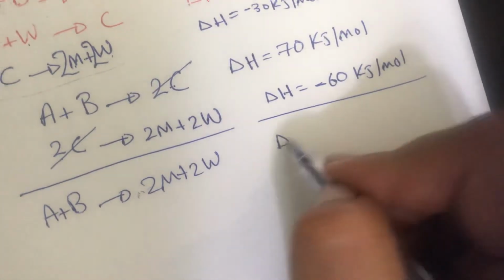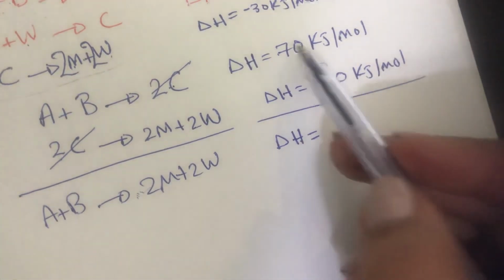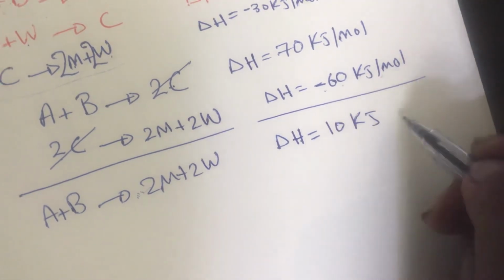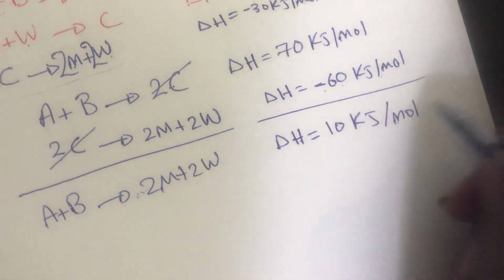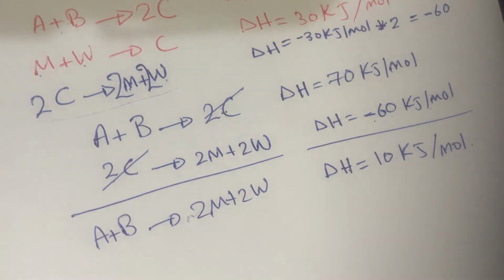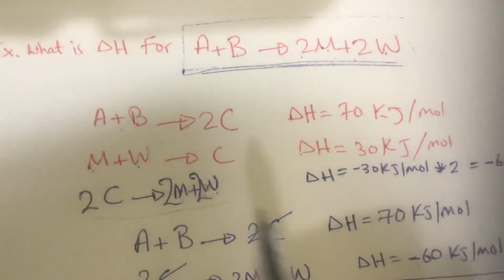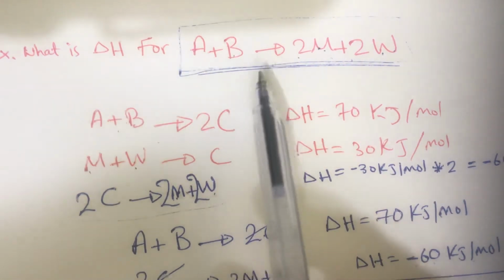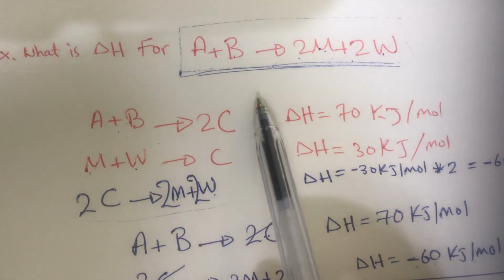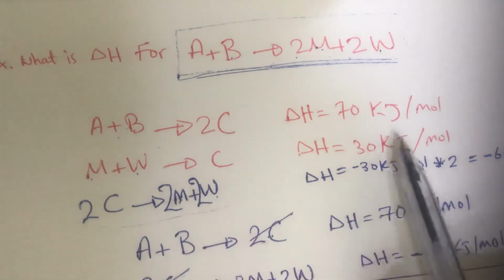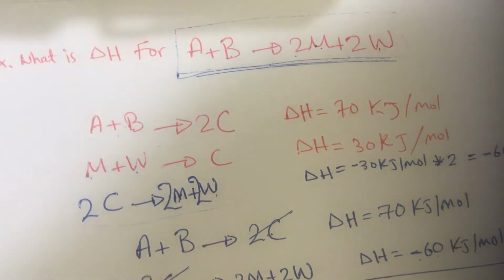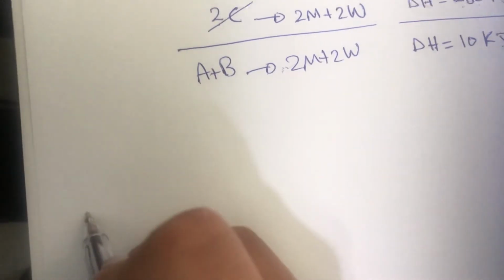So here you have to add delta H to each other. 70 minus 60 equal 10 kilojoule per mole. So again, the idea, you have to rearrange the reactions to get the reaction in the question. And any change in the reaction, you have to change delta H. The last example.